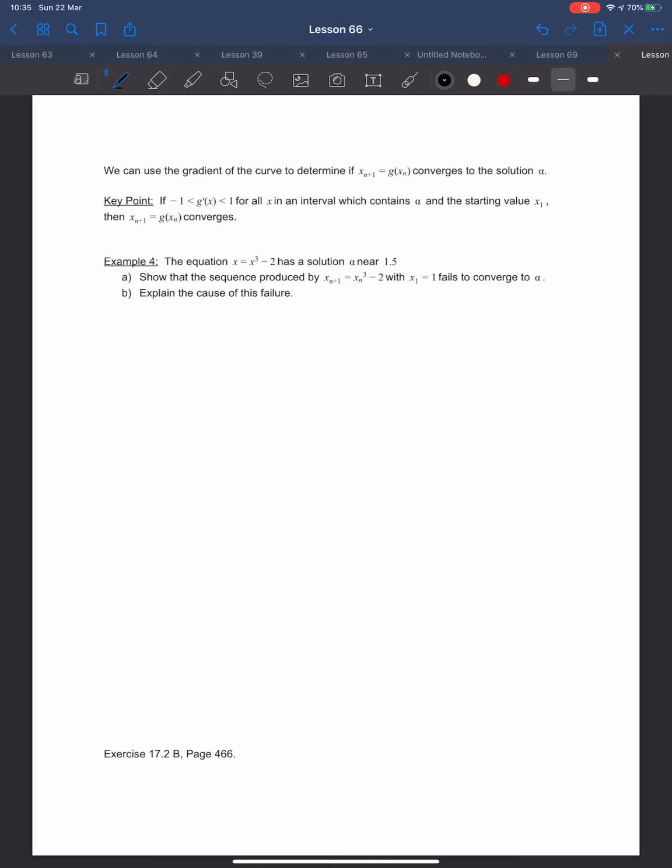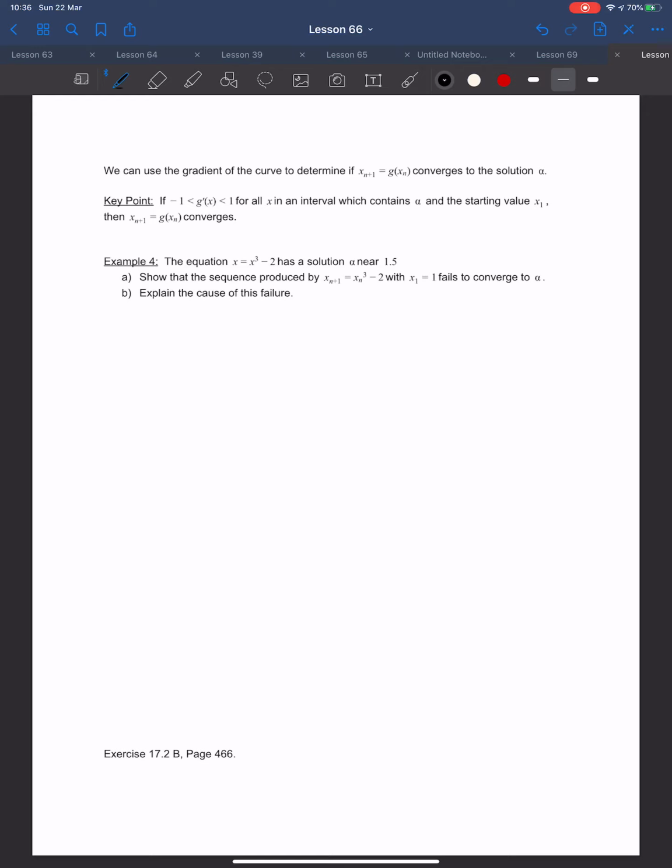One more question here. Example. We can use the gradient of a curve to determine if x to the n plus 1 equals g of x n converges to the solution alpha.